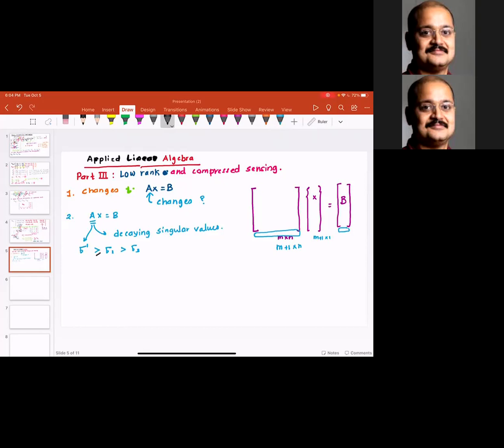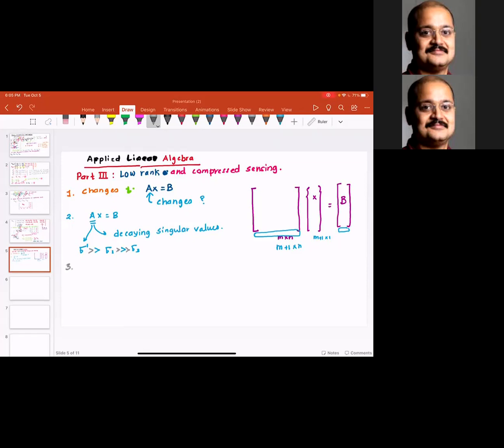What that means is sigma 2 is very, very small compared to sigma 1, and sigma 3 is very, very, very small compared to sigma 2. When something like this happens, it is not possible to use the usual numerical algorithms to solve the set of equations Ax = b.